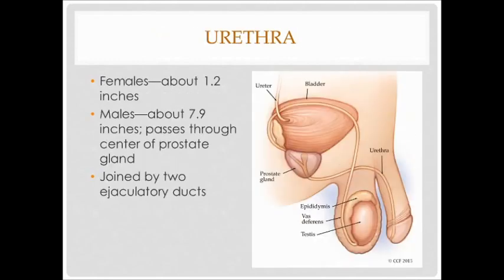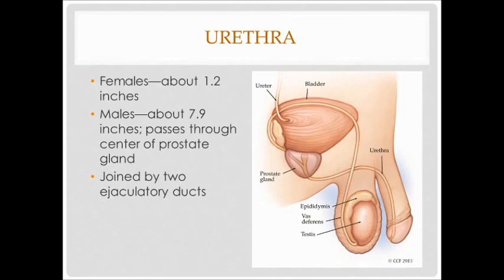The urethra comes from the bladder. It's going to be shorter in females and longer in males. So females have a urethra that's about 1.2 inches, and in males it's about 7.9 inches. So that's clinically significant: if you've ever heard of kidney stones, the reason why women often could have kidney stones and not feel them is because their urethra is a really short distance.